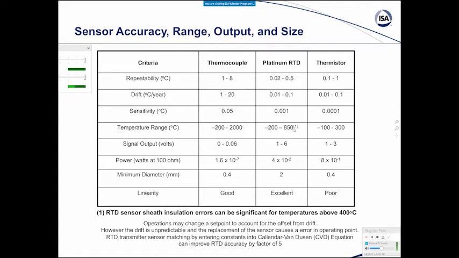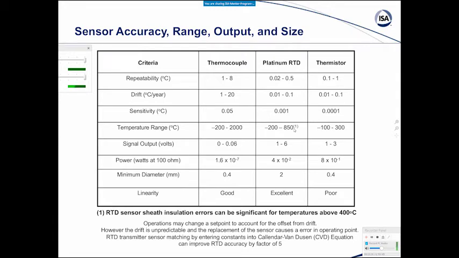I know this was about 20 years ago where we got into trouble with temperatures that were around 500 degrees C due to RTD insulation sheath errors. I think they've made improvements in the sheath design, but they do acknowledge that if you get above 400 degrees C, you're going to increase the errors in the RTDs.